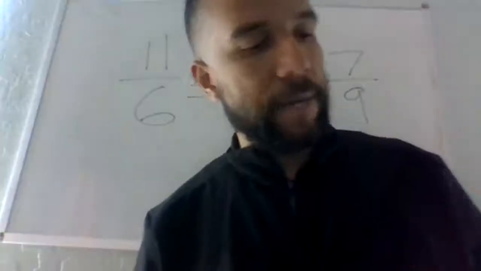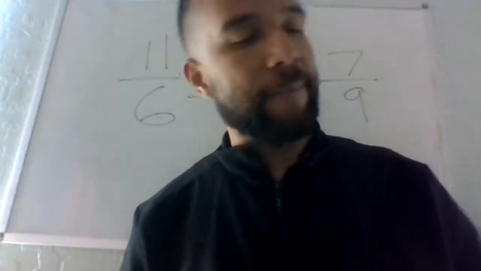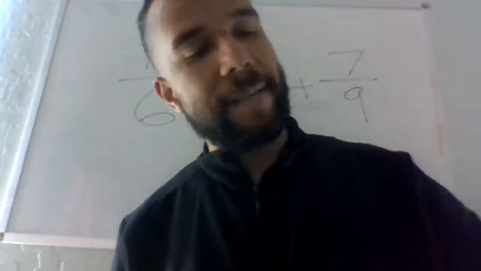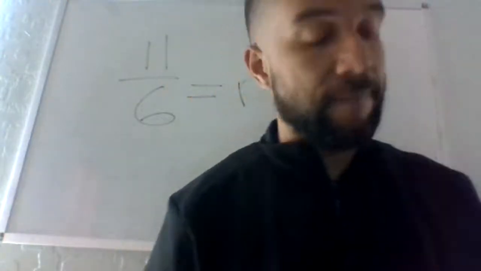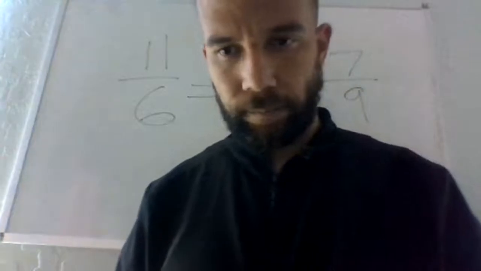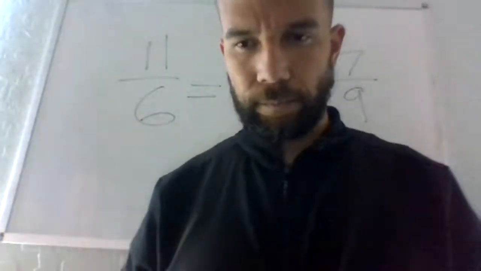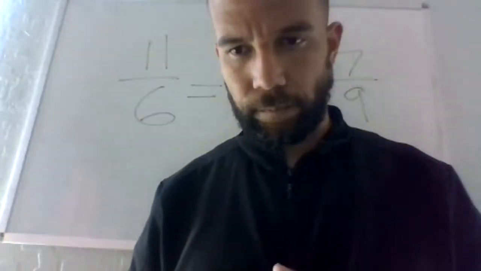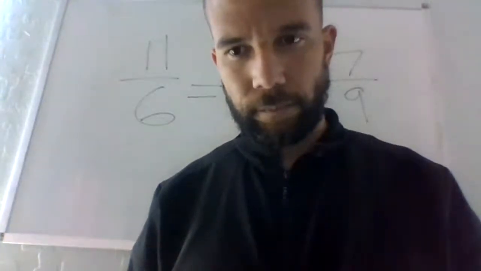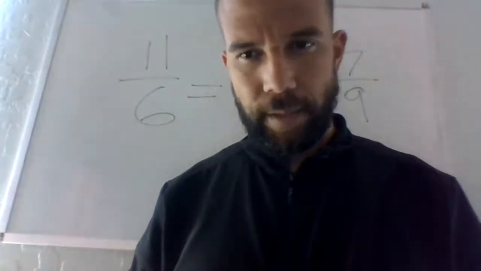So 54 can be divided by 3 because 5 plus 4 is 9, and 9 can be divided by 3. So it's 1 over 18.